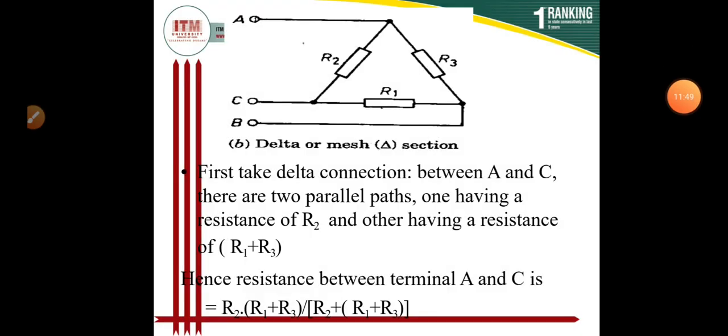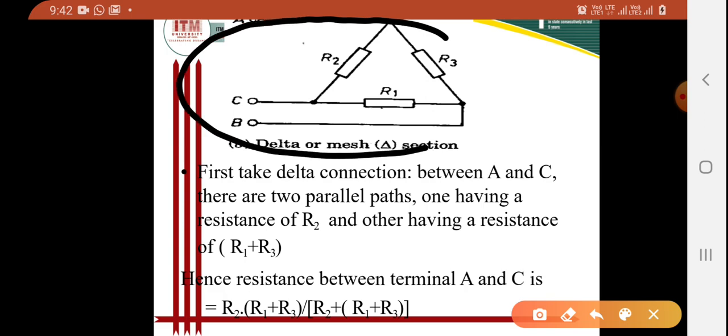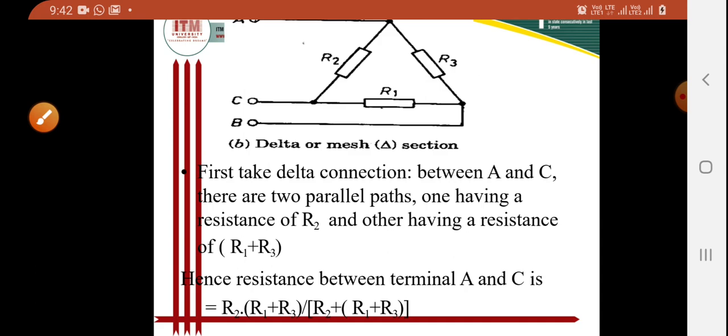Now I am considering the delta connection for the transformation method. I am proceeding towards the transformation. First I am considering the delta or mesh section. This is our delta or mesh section, clear. So see here what I am telling.